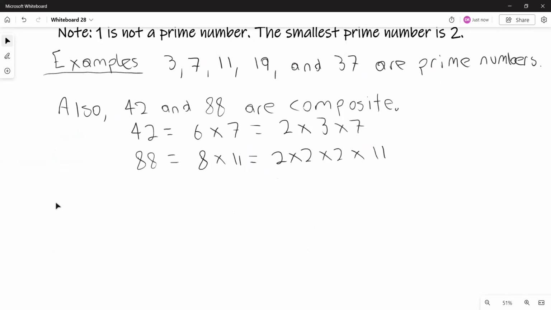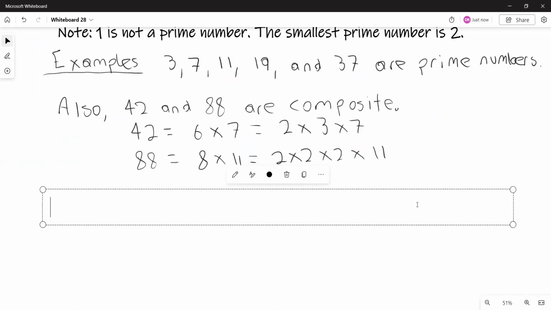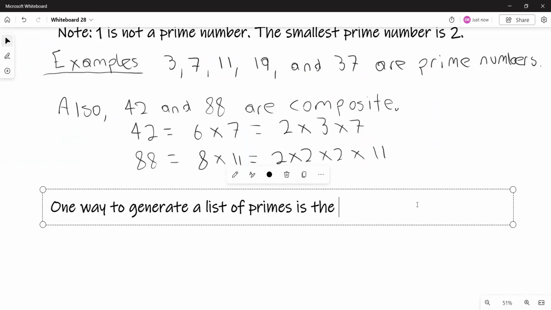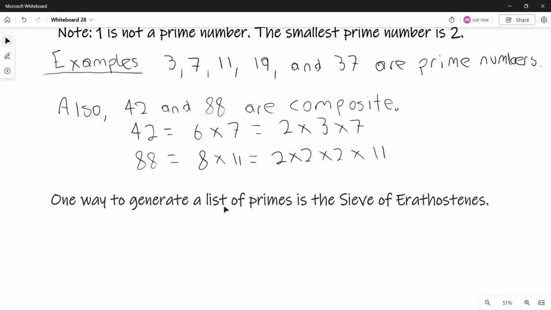Okay, so one well-known way to generate a list of primes is called the sieve of Eratosthenes. Let's write this down. The best way to illustrate this is with an example.